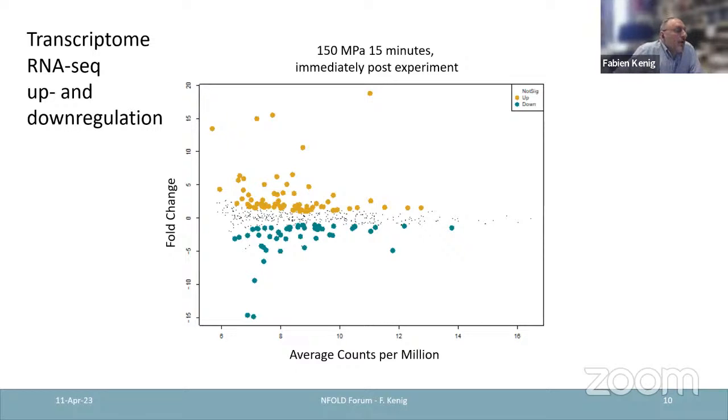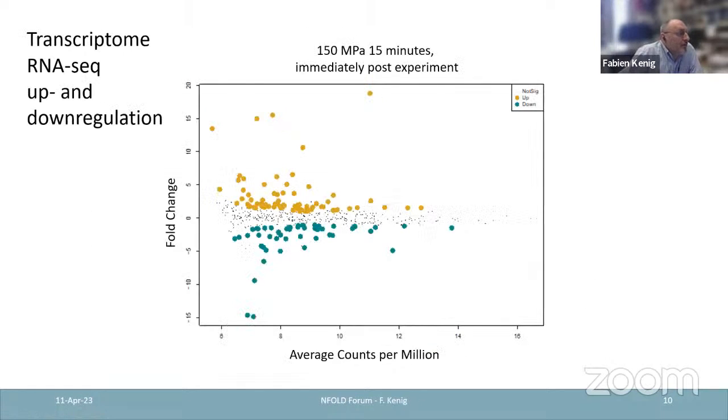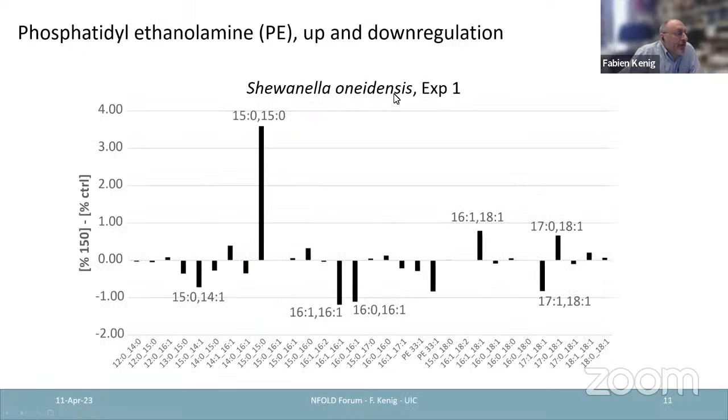So also an indication that things are happening not only on the lipid level but also at the RNA level, so in the transcriptome. And so when we look at the lipid for Shewanella oneidiensis, for example, we can look at the difference between the control and the experiment.